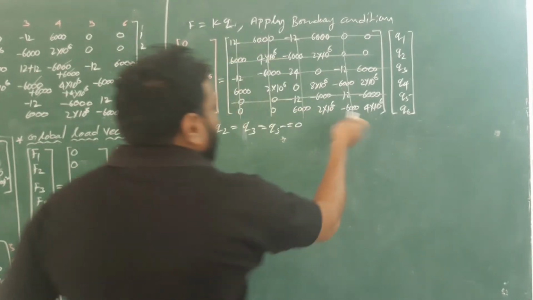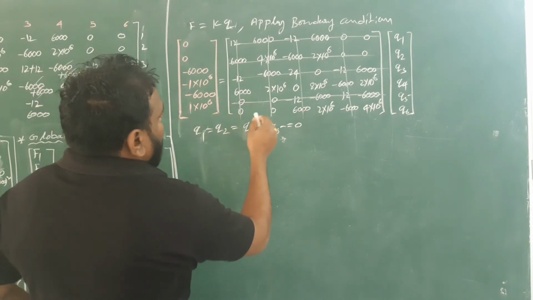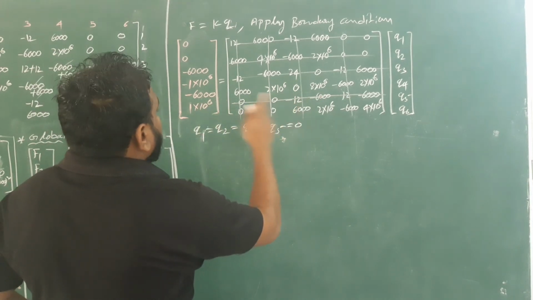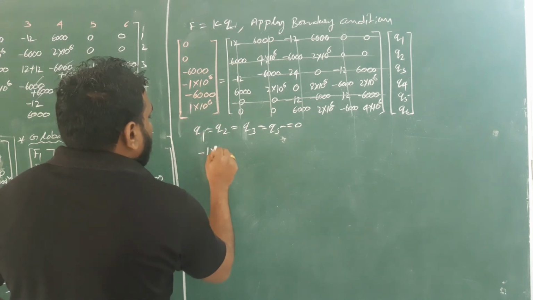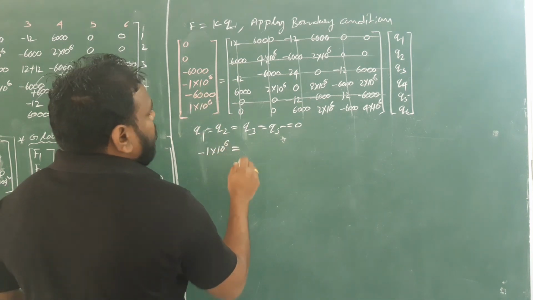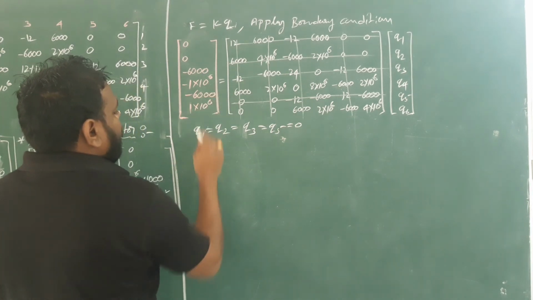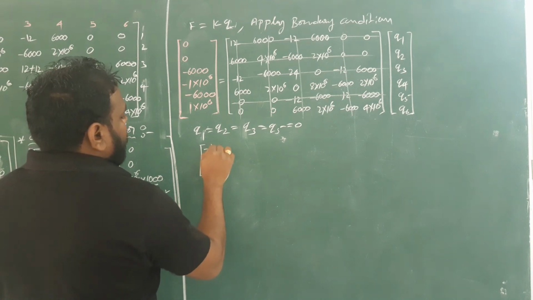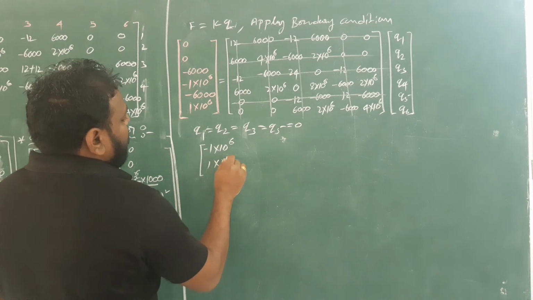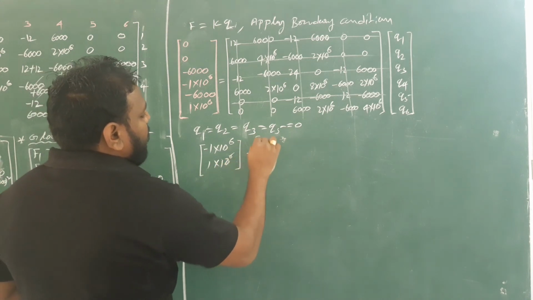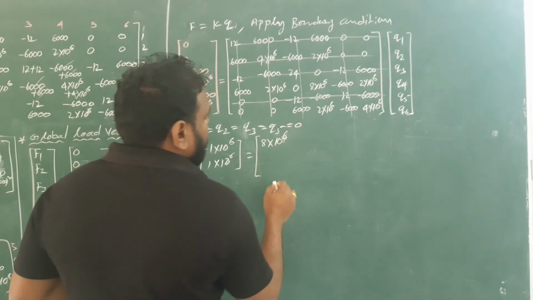So remaining equation here. Remaining equation, that is fourth, that is minus 1 into 10 to the power of 6, it is equal to fourth, this is fourth element, so minus 1 into 10 to the power of 6 and sixth 1 into 10 to the power of 6, it is equal to remaining matrix is 8 into 10 to the power of 6.